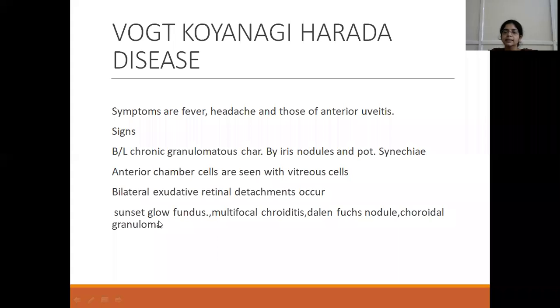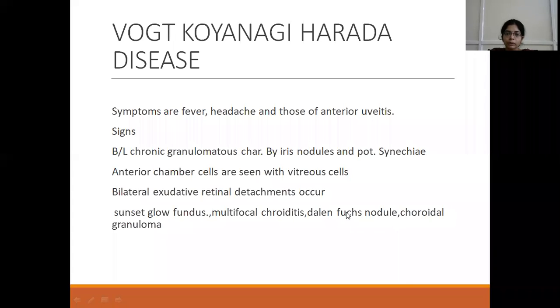Sunset glow fundus is where there is choroidal depigmentation and the fundus appears like sunset glow. So it is sunset glow fundus, and exudative detachment may occur, and anteriorly granulomatous anterior uveitis may occur. Enough. There's no need to remember too much about it.